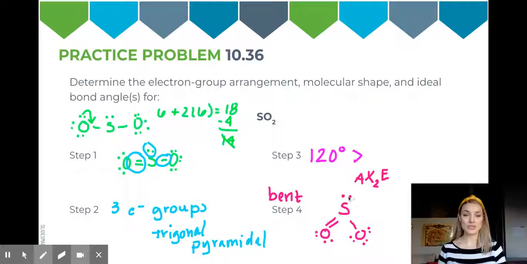Because we have a lone pair, that's going to push away a single bond even more than it's going to push away the double bond. Because it has such a strong repulsion, it's going to cause an even smaller bond angle here. And there you have it. Part 2 of problem 1036.